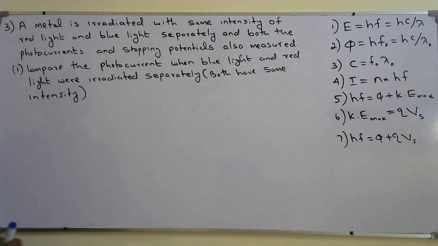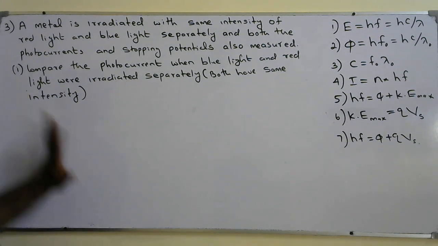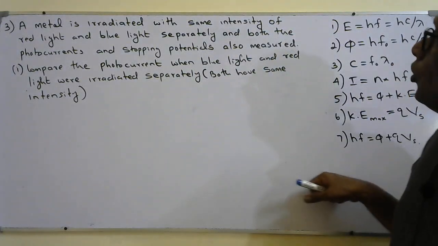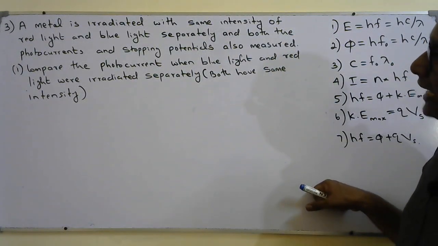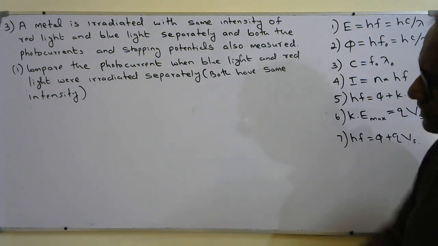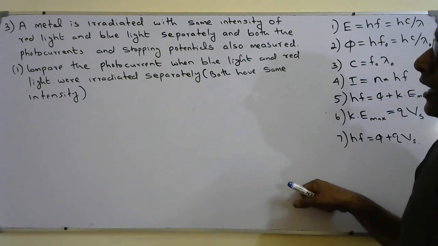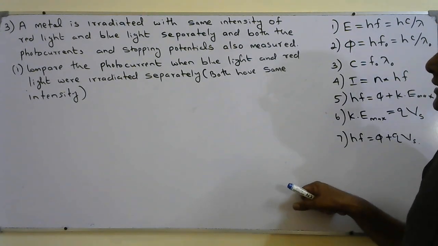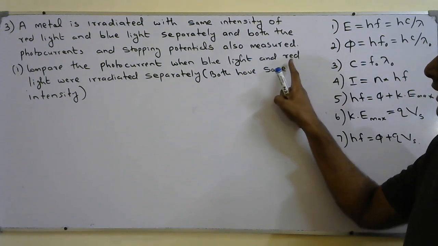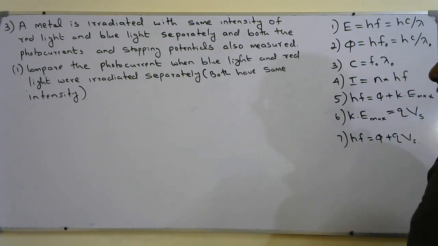Okay, third question. First part, a metal is irradiated with the same intensity of red light and blue light separately, and both the photocurrents and stopping potentials are measured. They are measured separately, in separate experiments. Compare the photocurrent when the blue light and red light were irradiated separately.